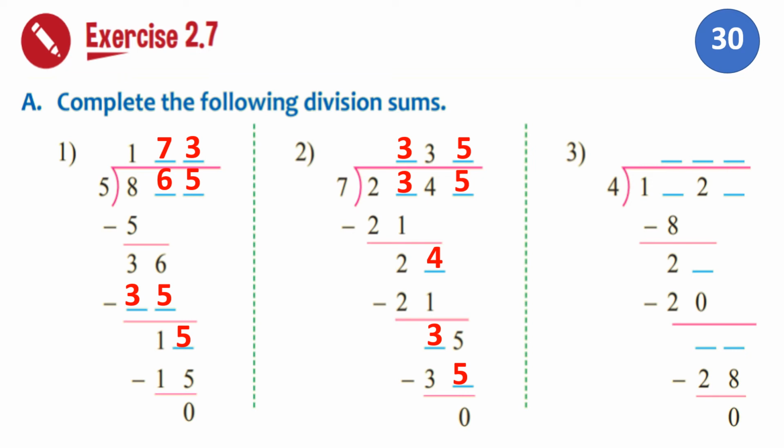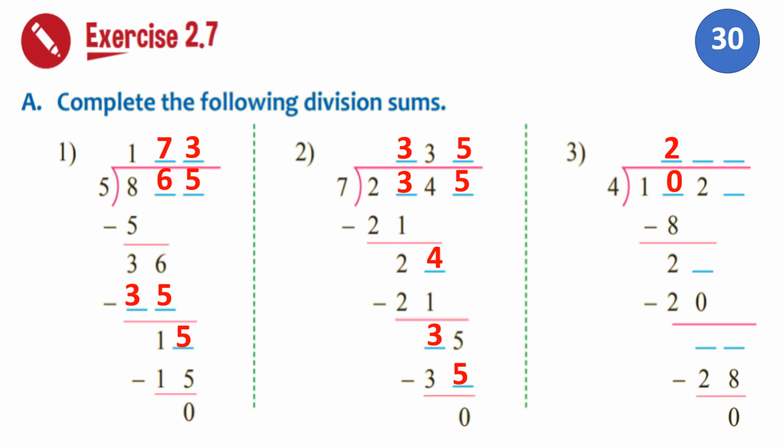Okay, students, minus 8. And then the answer is 2. 8 plus 2 is 10. 1 and 0. Now you have 10 divided by 4 is 2. 2 times 4 is 8. Then 10 minus 8 is 2.